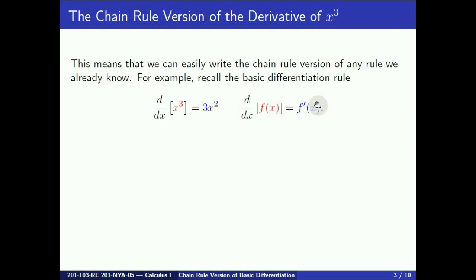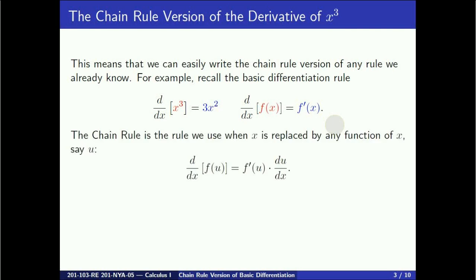Now the chain rule is the rule we use when we want to differentiate the composition of f with a function of x. Call that function u. Then we use the chain rule to differentiate f of u, and the rule again says that the derivative with respect to x of f of u is f prime of u times du dx.